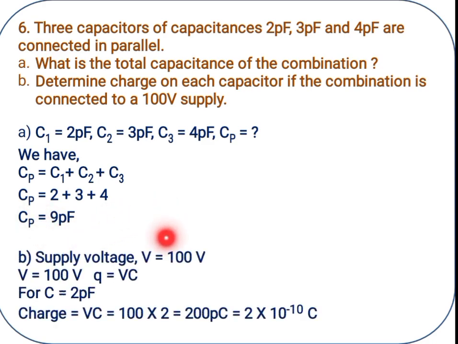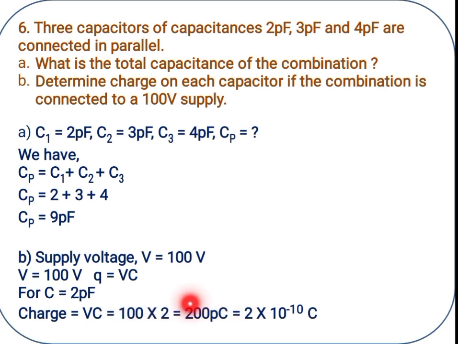Next, the supply voltage. If voltage is given 100 volt, then V is 100 volt, Q is equal to CV. So C is equal to 2 pF, and charge Q is equal to V into C. V is 100, C is 2.